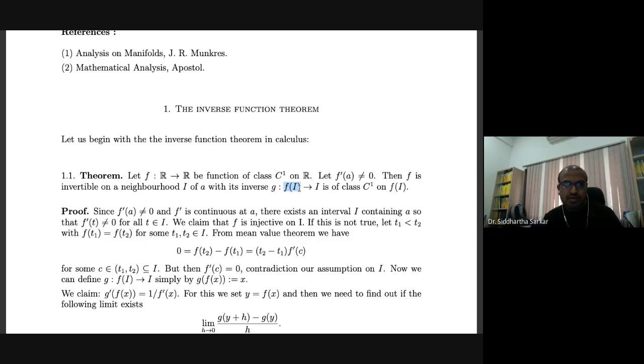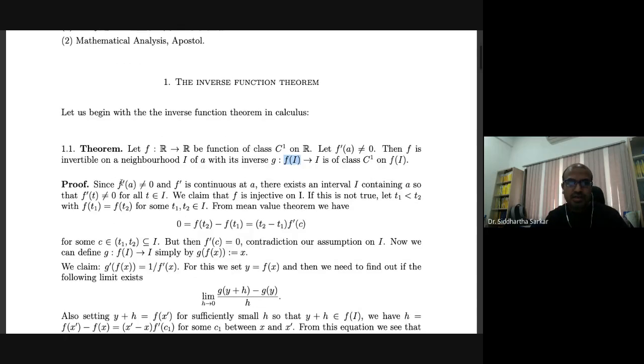So you start with a point where the derivative does not vanish, and because the derivative is continuous at that point, it is non-vanishing at some interval around this. This comes from the definition of continuity, and you can even say more, just by the epsilon delta definition of continuity: the function doesn't change sign in this interval.